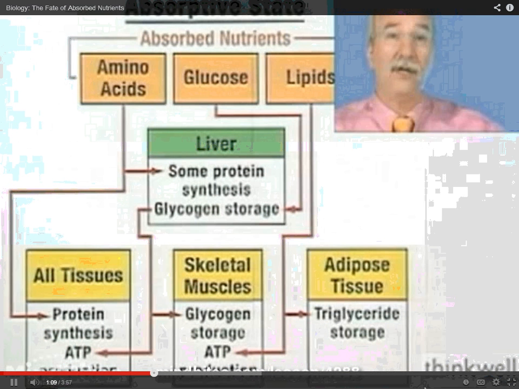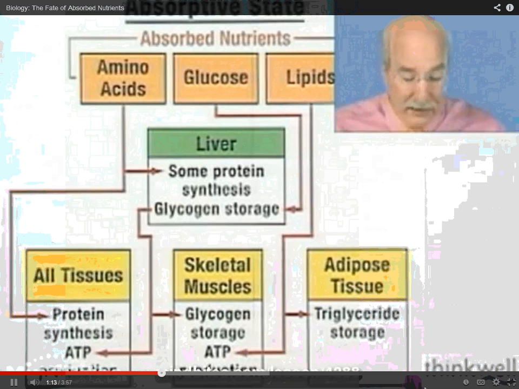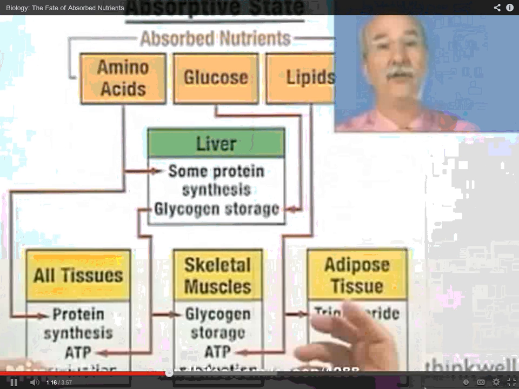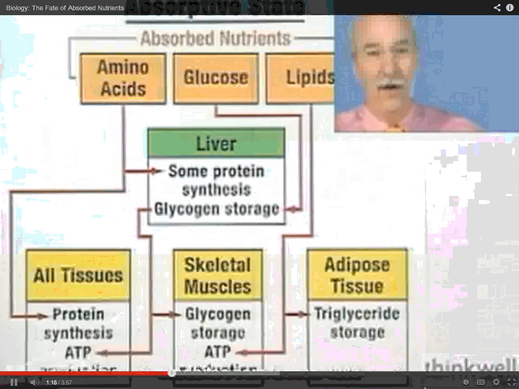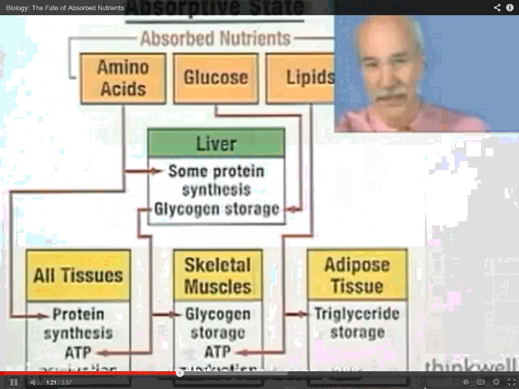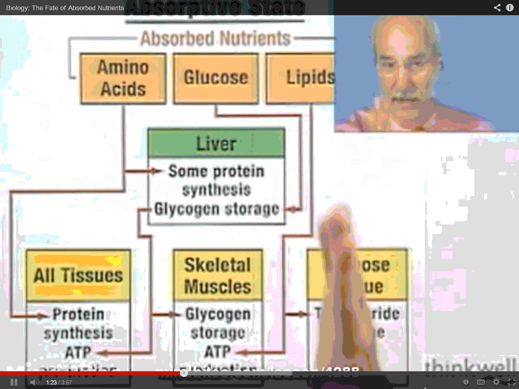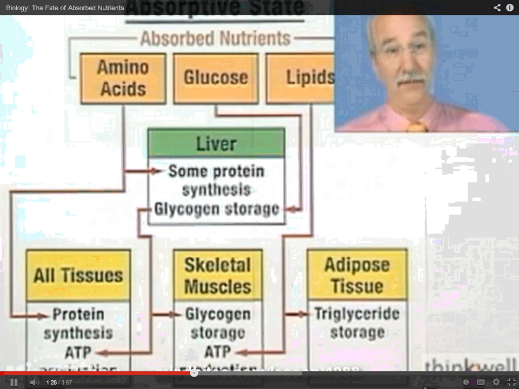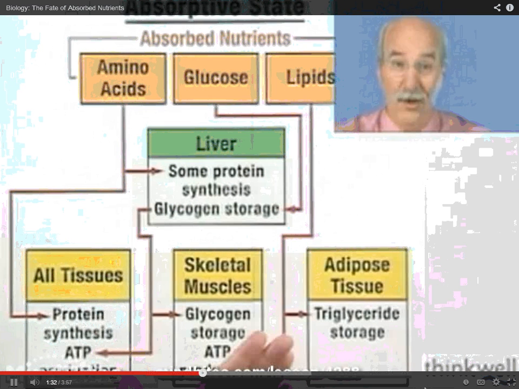And let's start out with amino acids. So, that's proteins. You see, we can't store amino acids. You've either got to do something special with them, which is later, or your body uses them.